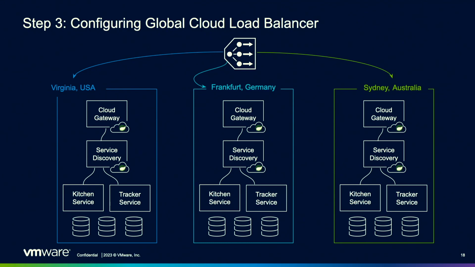And a global cloud load balancer, I'm not going to demonstrate it today, but that's basically a very useful and handy, straightforward component. It depends on what your favorite cloud environment is, let it be AWS, Azure, or Google Cloud Platform.